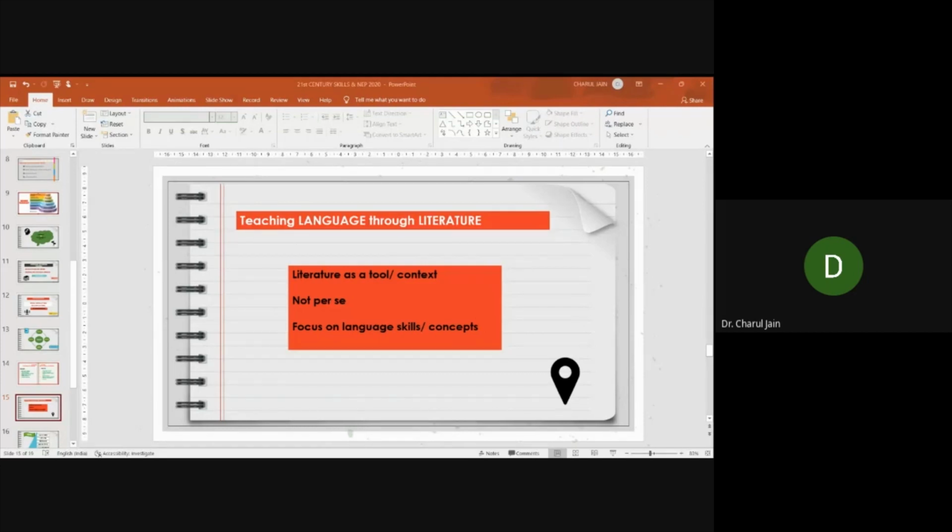But when we are teaching students, let us say, of history, of sociology, of business BBA, of BCom, of sciences, literature that we teach them, is it for understanding the literature, or is it a means to teach them to communicate in language? So we have to be very clear about our objectives in the English language classroom.